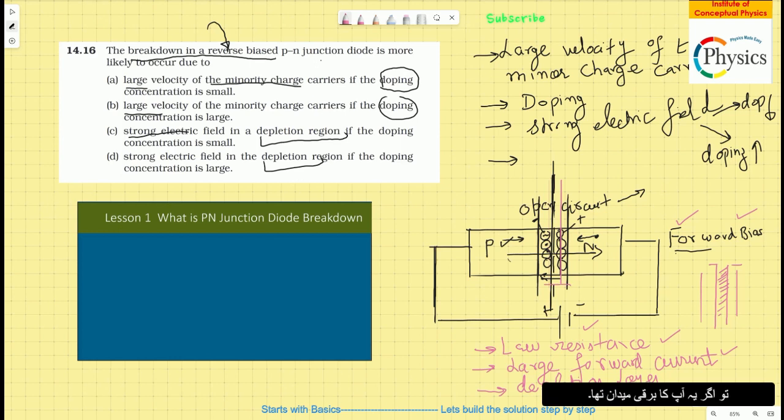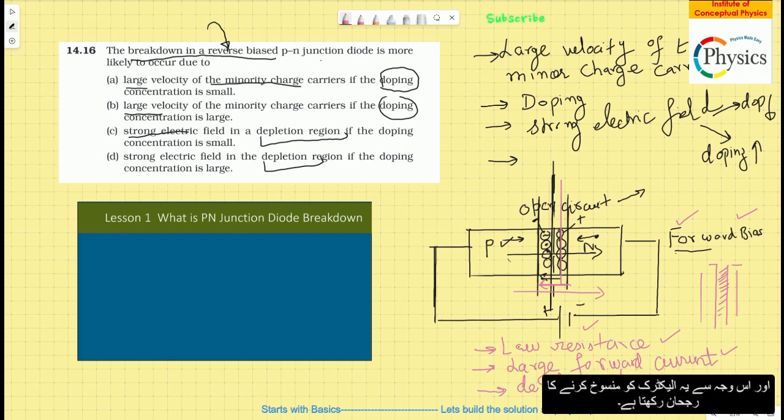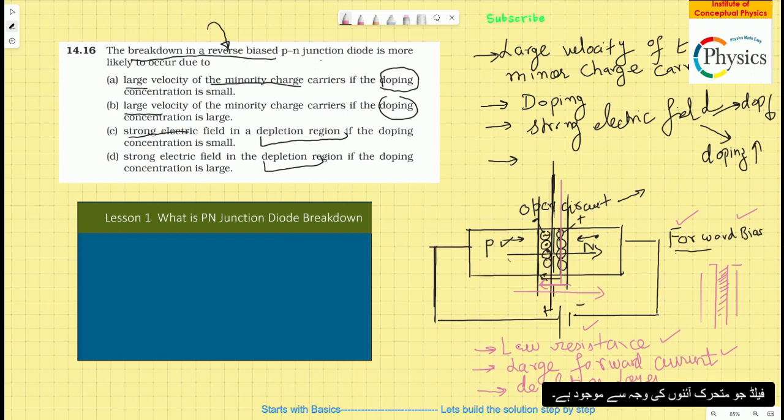So if this was your electric field, now the electric field which you have applied externally is in the reverse direction, which is this positive to negative, and therefore it tends to cancel out the electric field which exists due to the immobile ions.